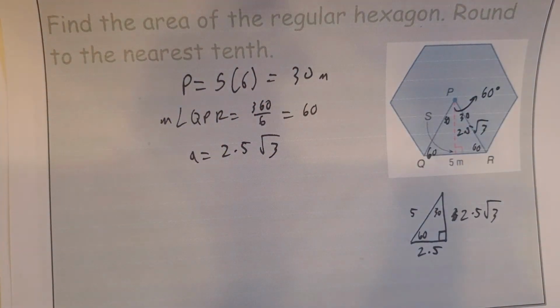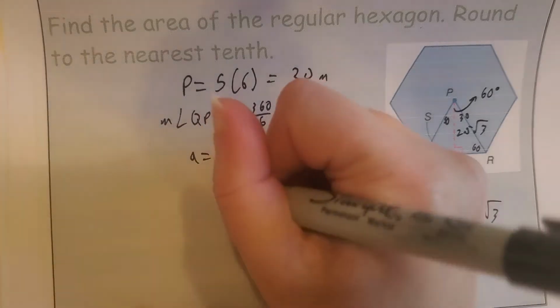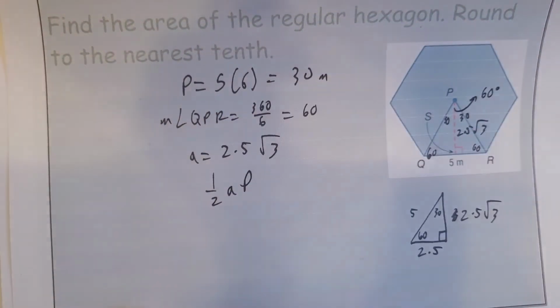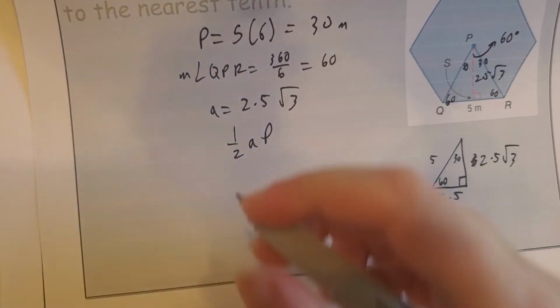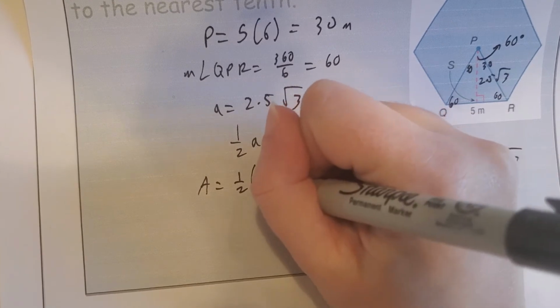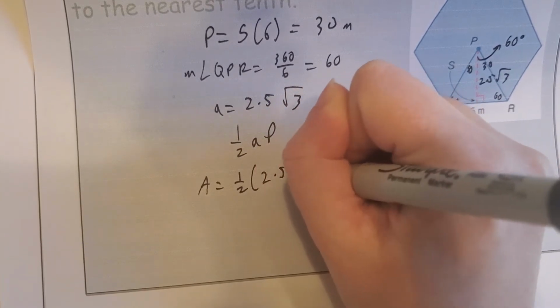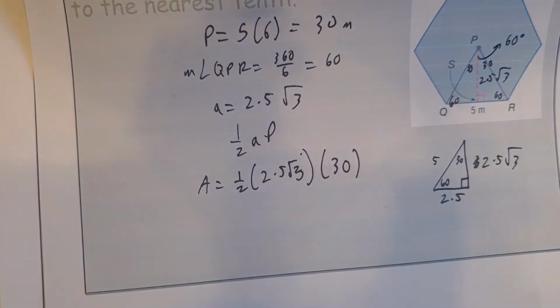Now that we have the apothem and the perimeter, we're able to use the 1/2 AP formula to figure out the actual area of the hexagon. The area is 1/2 times the apothem, which is 2.5 root 3, times the perimeter, which we got earlier, is 30.